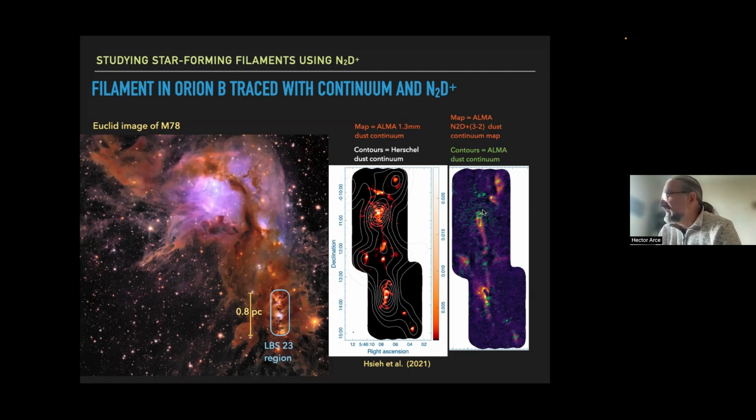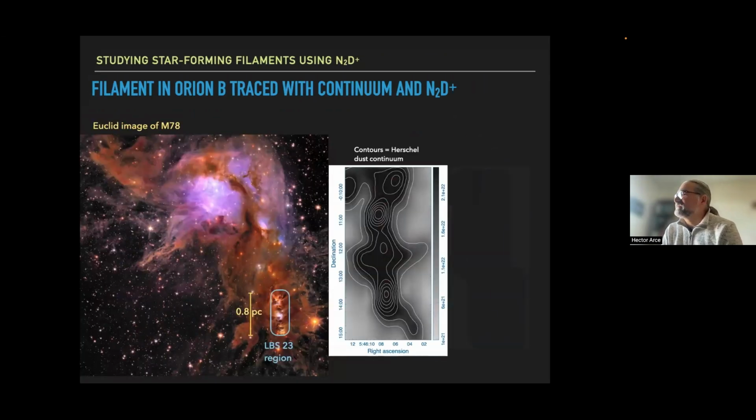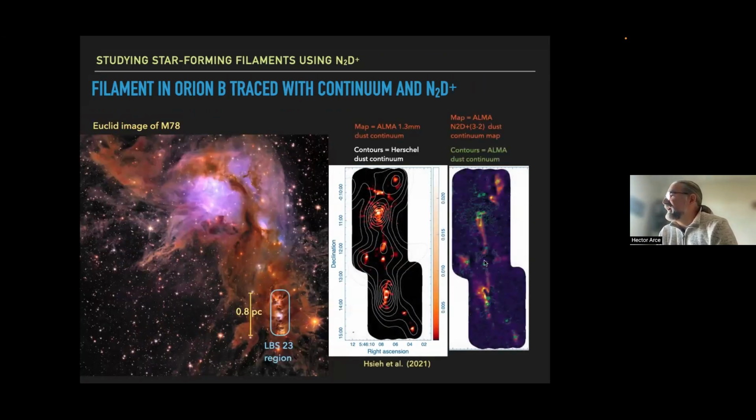So in most cases, not all, but in most cases, the N2D+ traces the dust continuum. N2D+ does a better job of tracing the dense gas when it's very cold and very embedded.